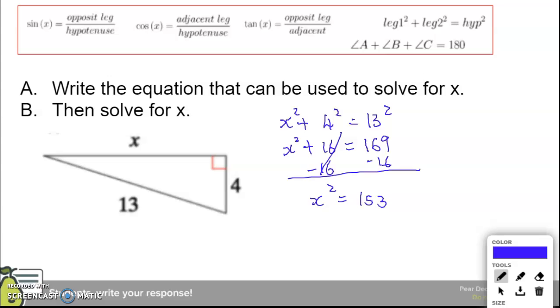And then I need to look to see, is this divisible by 4 or is it divisible by 9? It is divisible by 9 actually. Oh, actually, we're going to take the square root of both sides here.